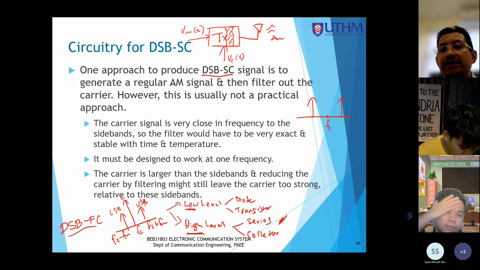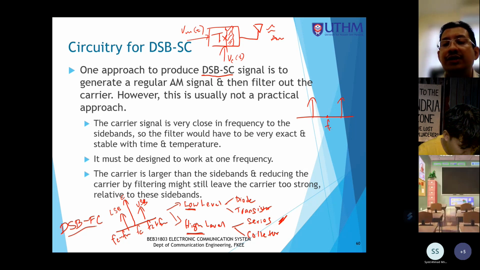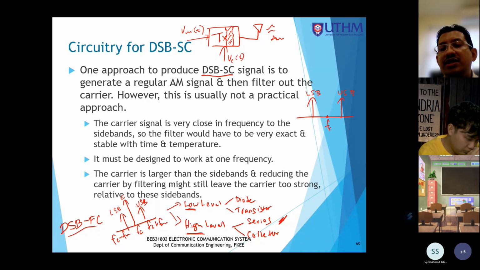Because the carrier component does not contain any information. The information is only contained within the lower sideband and the upper sideband. So by reducing the carrier component, we can reduce the amount of power used to transmit the signal. Kita dapat menjimatkan dari segi penggunaan tenaga kalau kita menggunakan modulator jenis ini.